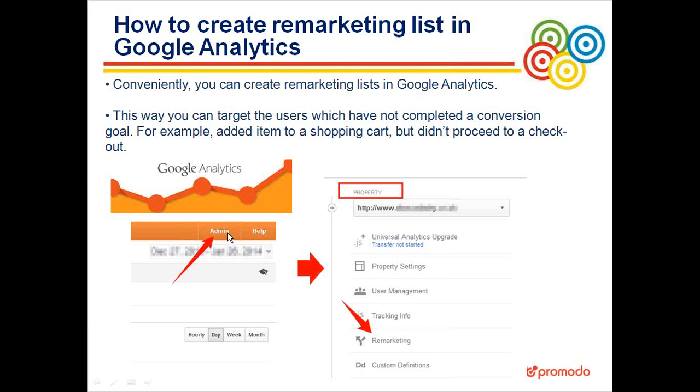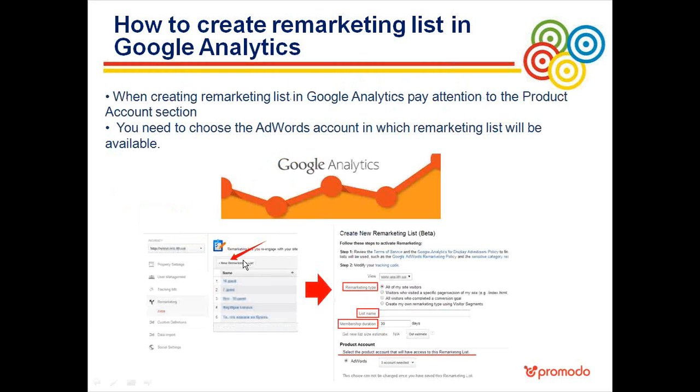So how is it possible? While you are in your Google Analytics account, you navigate to admin, and then you select remarketing. Here you can select new remarketing list and specify the policy. You can add all the visitors of your website, for example. And again, you select membership duration and make sure to specify to which AdWords account you would like this remarketing list to be attributed.